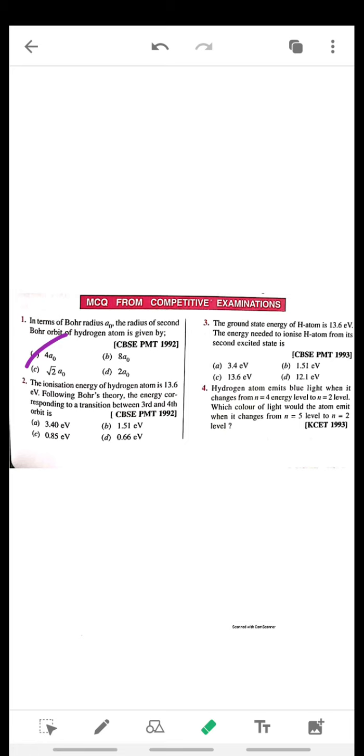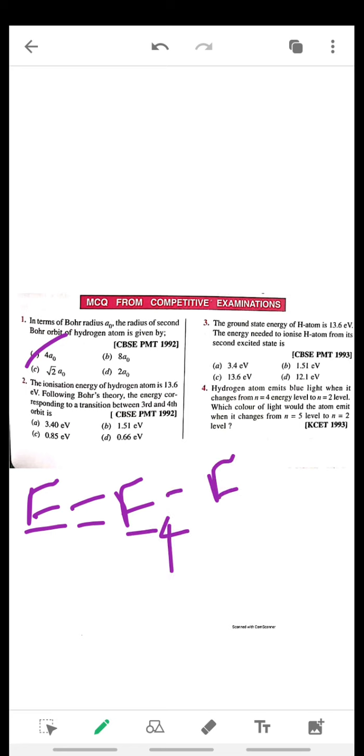Following Bohr's theory, the energy corresponding to a transition between third and fourth orbit is. In the question the electron will be transiting from fourth to third. The transition takes place from E4 to E3, and the energy is E4 minus E3.